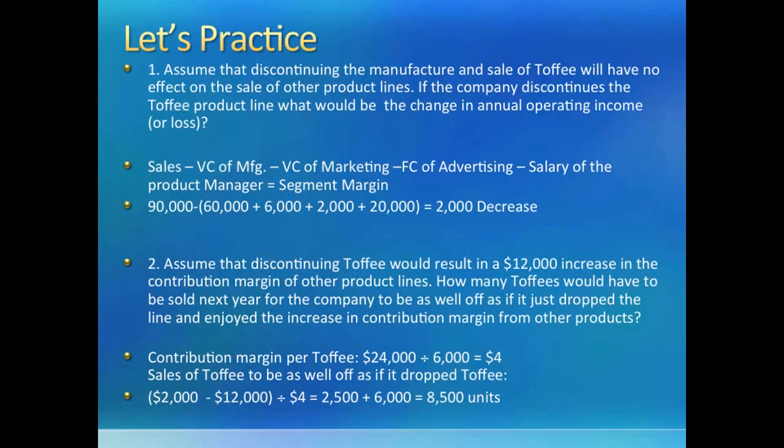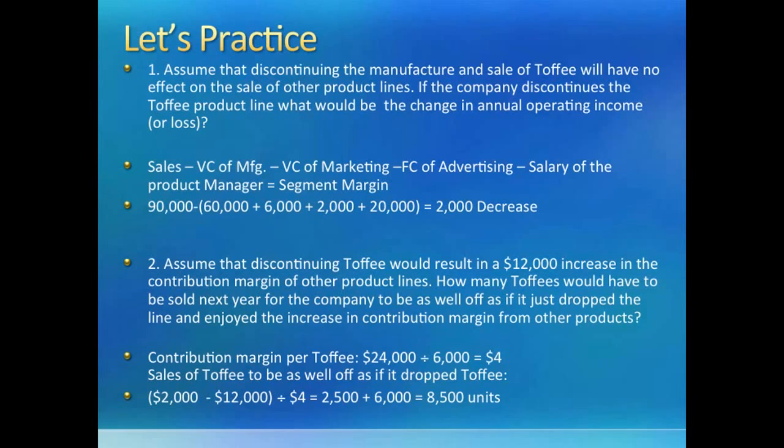The question wants to know the required unit sales of toffee to make the company indifferent between dropping and not dropping the toffee line. Note that the company's current contribution margin from toffee is $90,000 of sales revenue minus $66,000 of variable cost, that is $24,000. If you divide it by the number of units of 6,000, you will get $4 a unit.